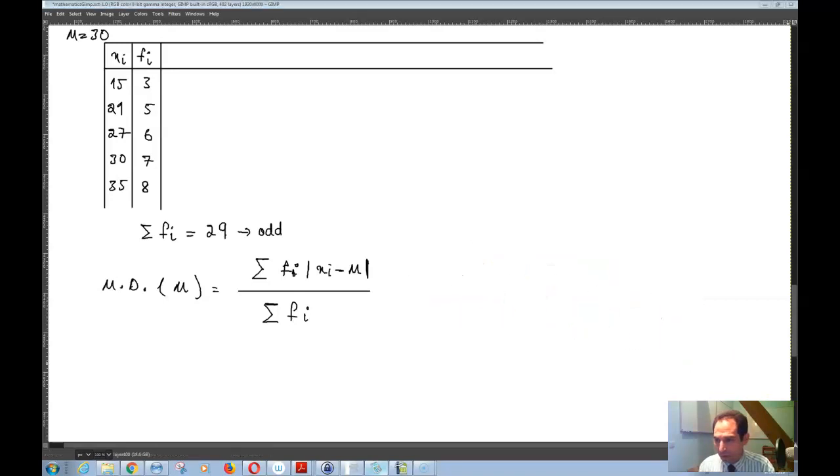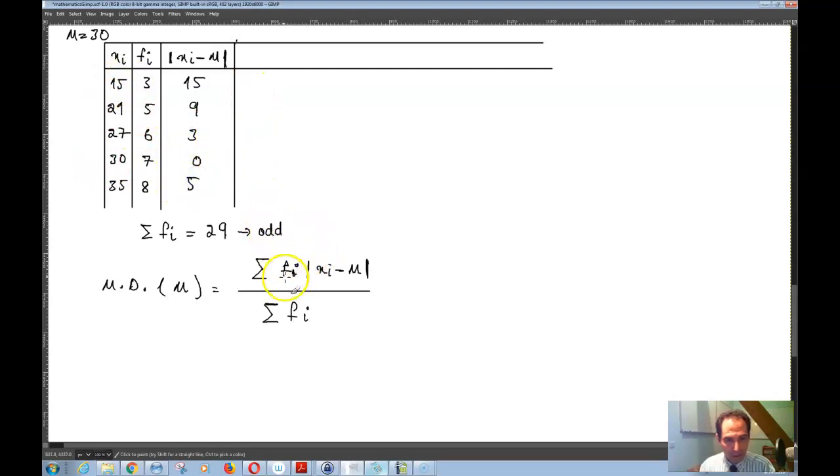So now that you know your median, you can calculate the absolute value of x of i minus m, which is equal to, for example, 15 minus 30, negative 15, positive 15 because of the absolute value, negative 9, positive 9, negative 3, positive 3, 0, and 5.